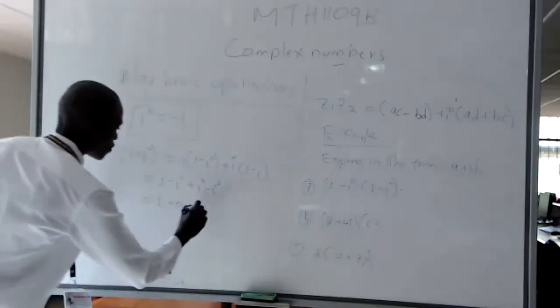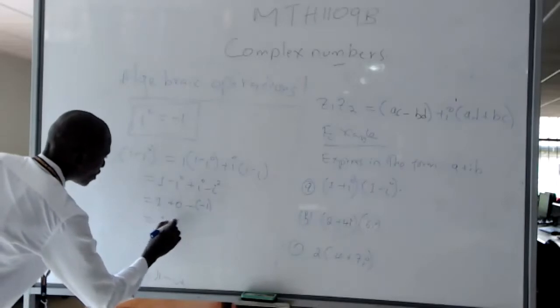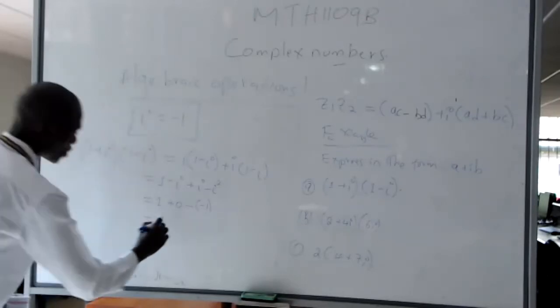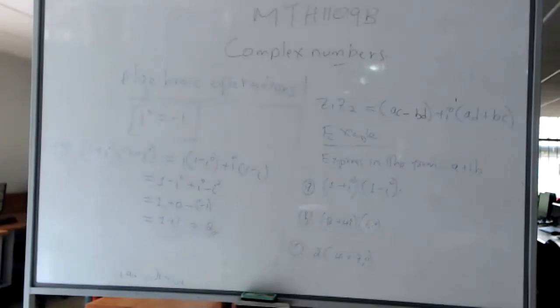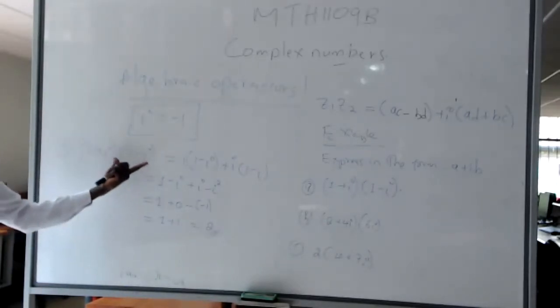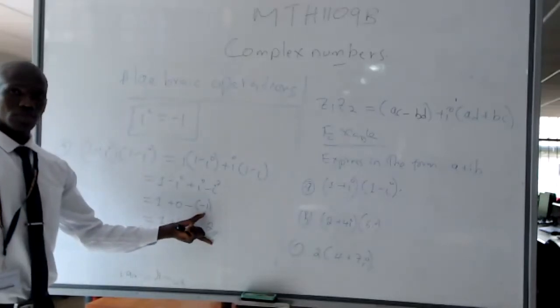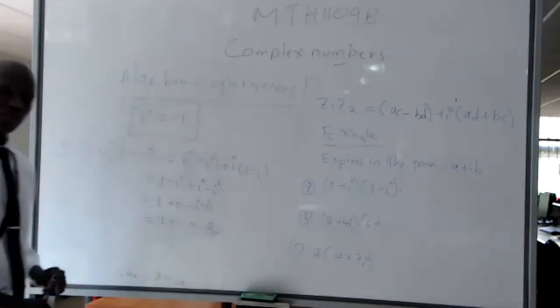So minus times -1 is positive, and this gives you 1 plus 1, so that simply gives you 2. So this complex number multiplied by that complex number gives you 2. Okay, we're getting a real number. The imaginary part is 0 because the i is cancelled out.